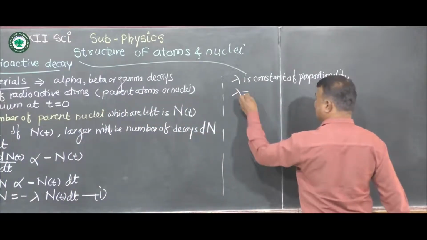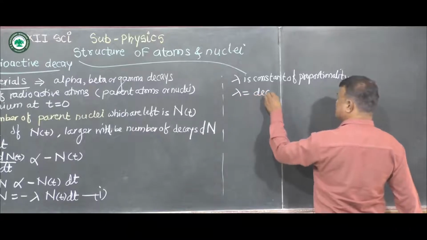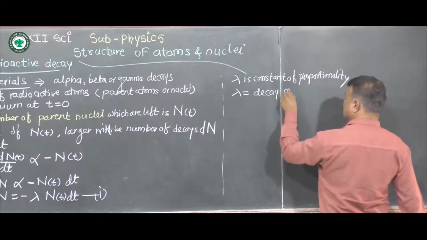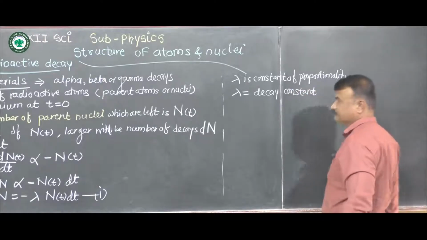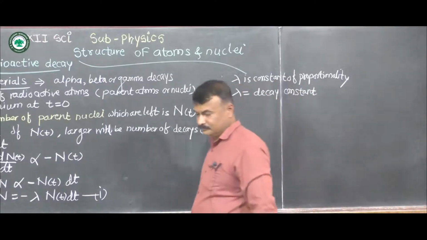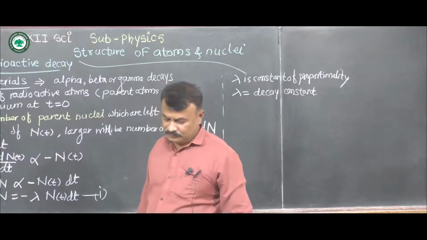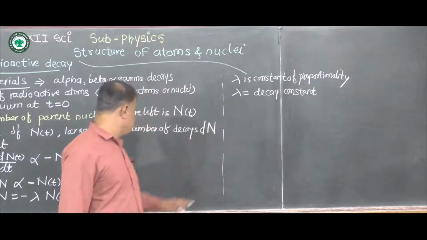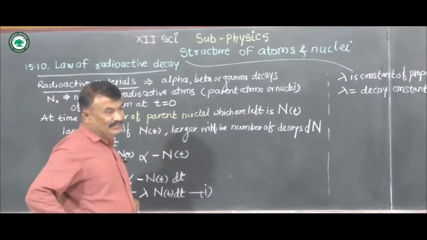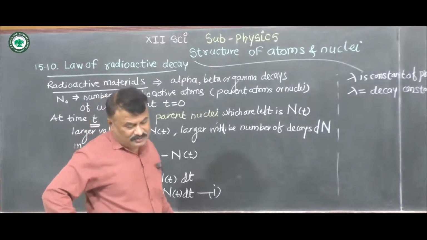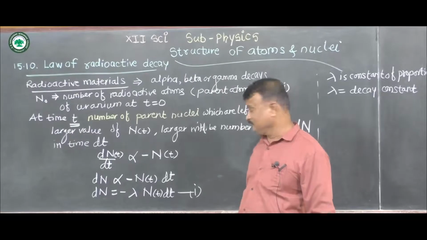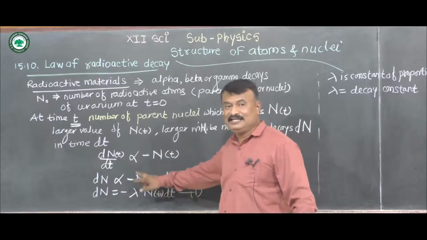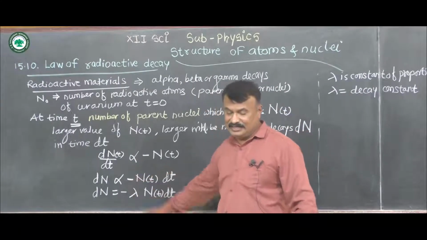So we write lambda is equal to decay constant, or it is also called the constant of proportionality. Now we know that there is a negative sign. Why is there a negative sign? Because Nt is decreasing with time.